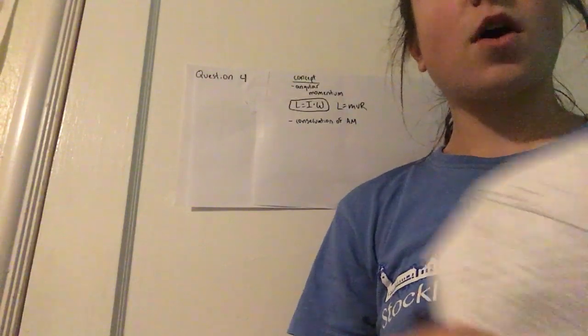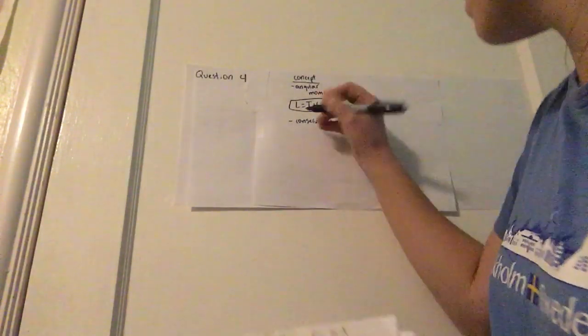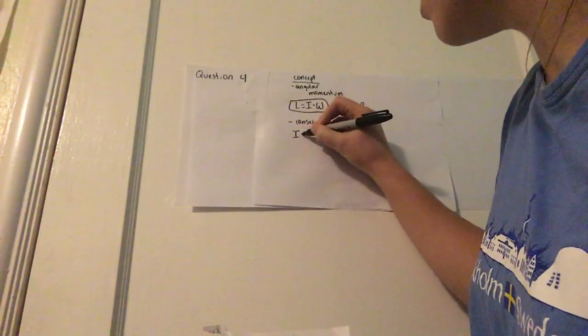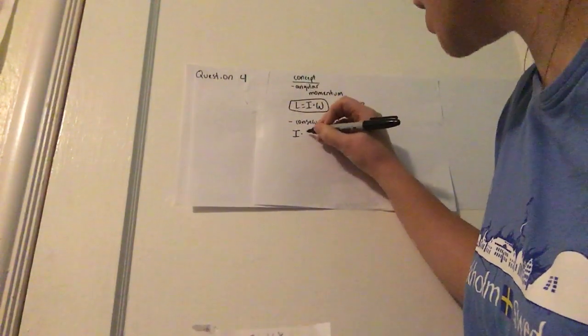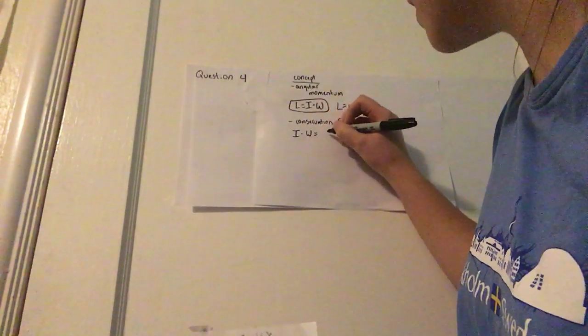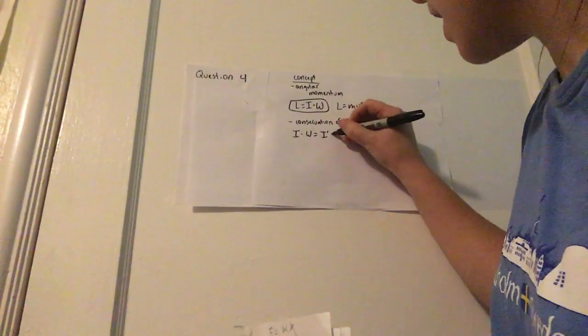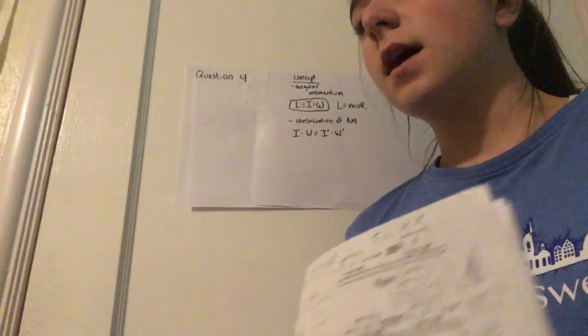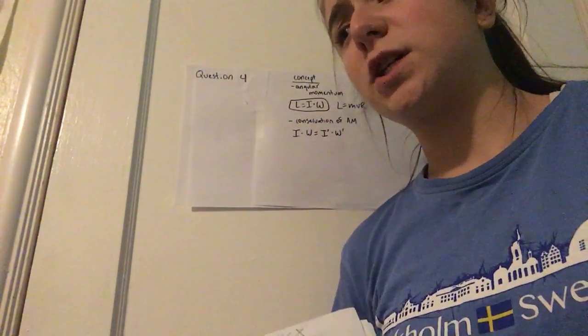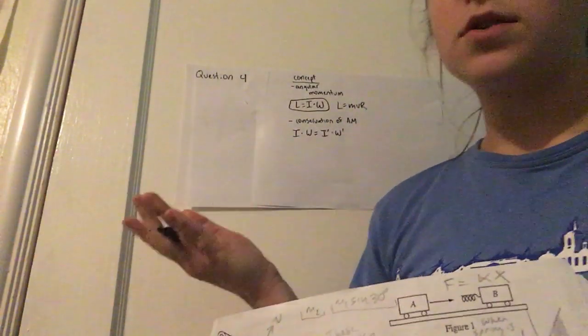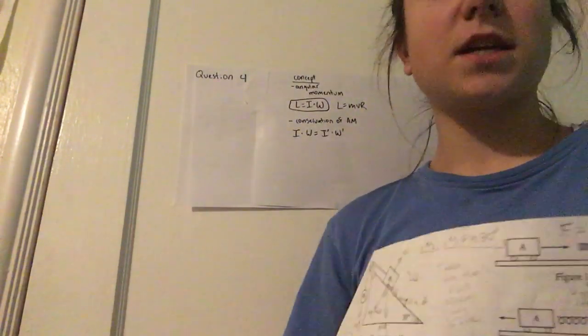The equation for this is that the initial moment of inertia times the initial angular velocity is equal to the final moment of inertia times the final angular velocity. And this equation is very important because it can help us solve lots of questions and is very important to the concept of angular momentum.